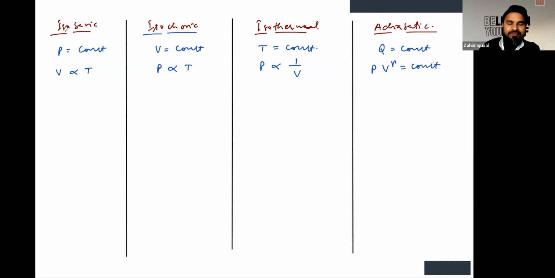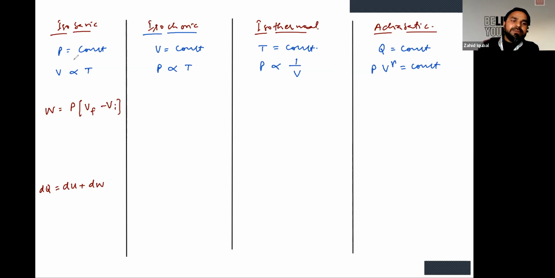In the first part, if pressure is constant, work done will be simply P times volume final minus volume initial. Using the first law, dq equals du plus dw, so you may find any one variable by using this law.